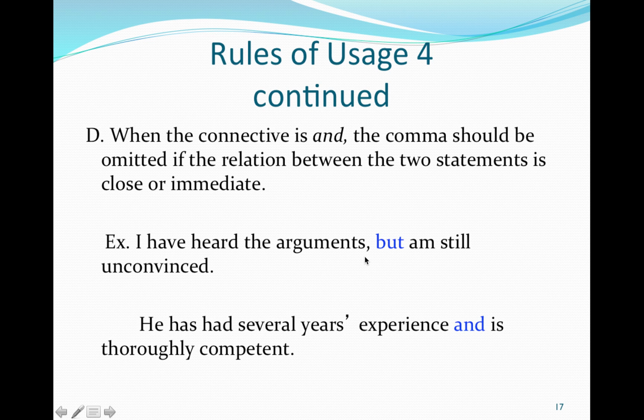I have heard the arguments, comma, but am still unconvinced. Now, you only do that if the conjunction is but.